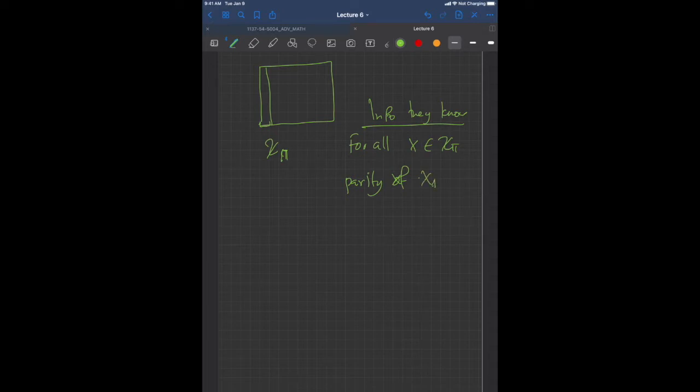Maybe I should not use x1 for columns. So x subscript 1 is the row x1, and x superscript 1 is the first column. If we constructed a set x pi for this protocol, based on the messages of Alice and Bob, it had this additional property that for every x in x pi, the parity of the first column is 1.